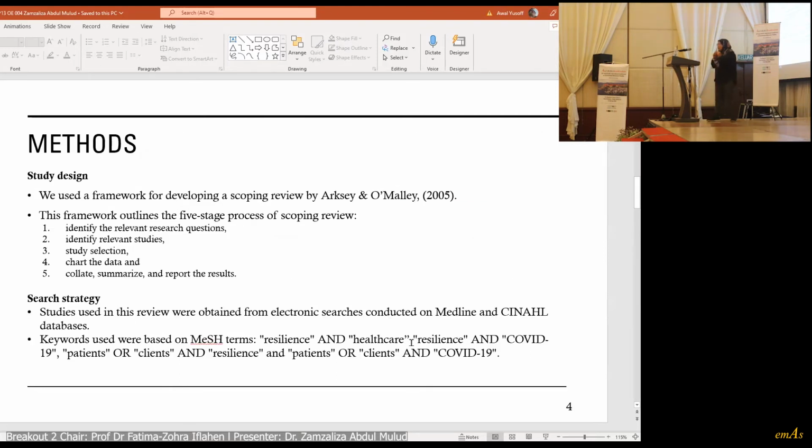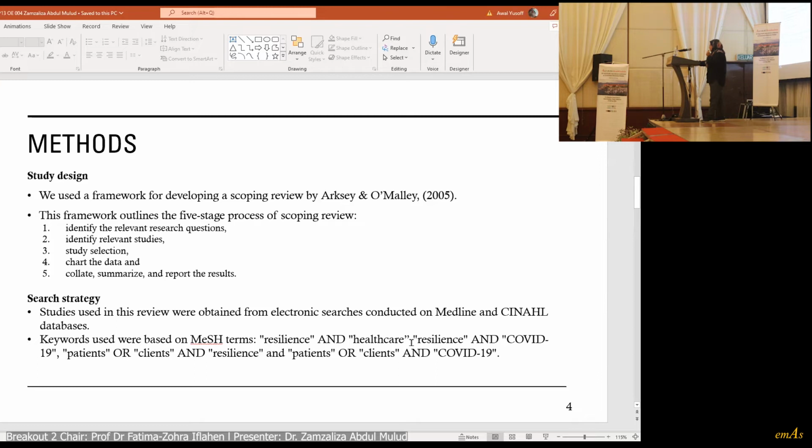For the methods and study design, we used the framework for scoping reviews by Arksey and O'Malley, 2005. This framework outlines a 5-stage process: first, identify the relevant research question, like I mentioned before, then identify relevant studies, study selection, chart the data, and collate, summarize, and report the results.